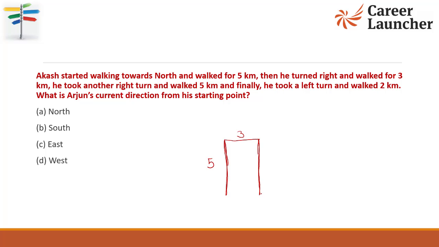If he's walking south, his left turn would be towards east. So the question is, what is Arjun's current direction from his starting point? He was here, this was the starting point, and he's particularly here. So if you look at the direction, he is towards the east of his starting point.